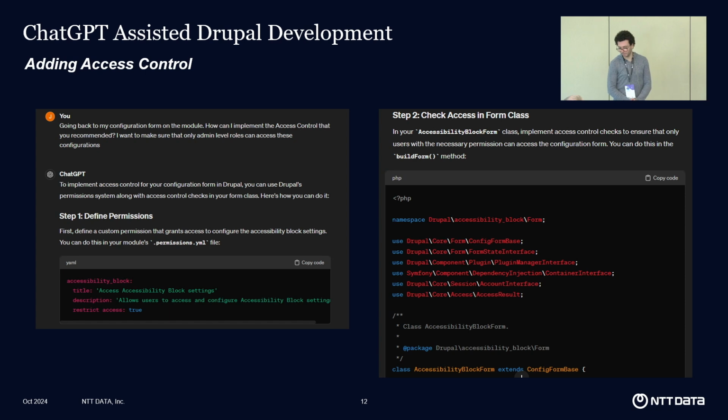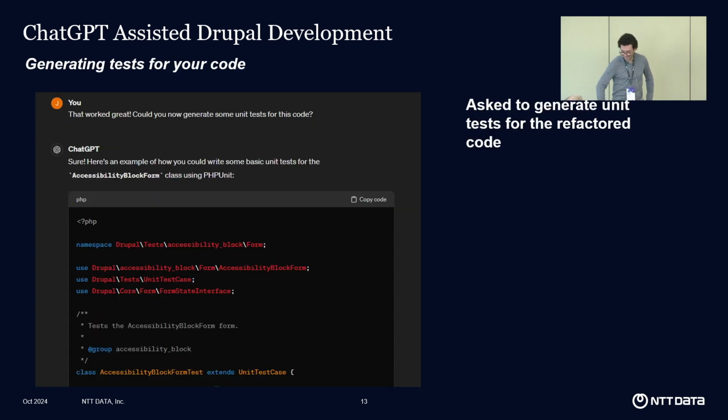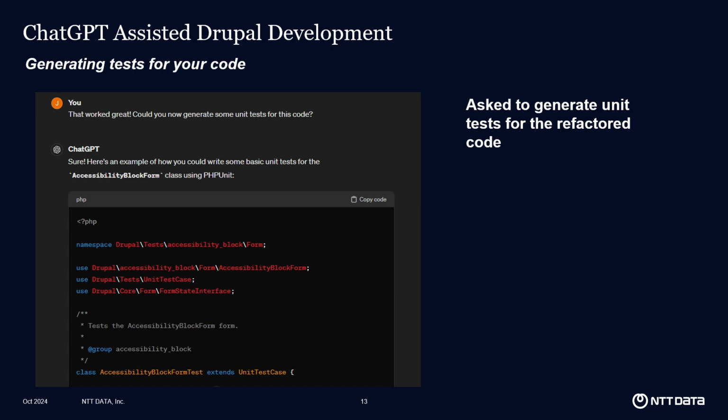Okay, so I was pretty happy. This first experiment went pretty well, so I thought, okay, time to mess around and break it. And that's what happened. Next idea was, okay, I have my code, so how about we try to generate some tests? Is this something that I could use the AI for?